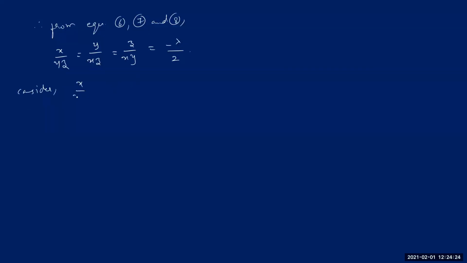Consider x by yz is equals to y by xz. This implies, how can we write this? I'm just cancelling z here. Because you are given xyz is equals to a cube, and certainly a is not equal to 0, so you cannot take any of these three as zeros.